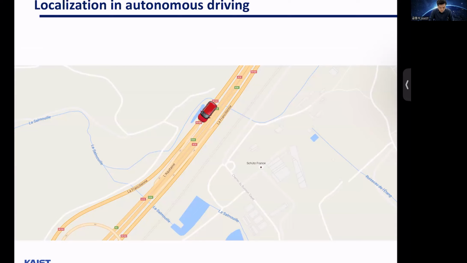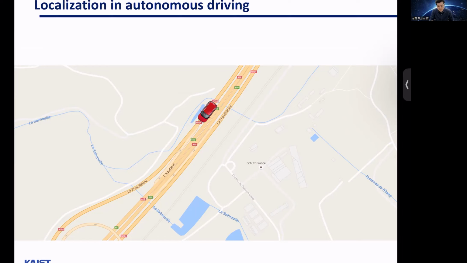So when it comes to driving on these roads, human drivers use a map, or we could use a navigation system, and that navigation system also uses a map to guide you through the road networks.